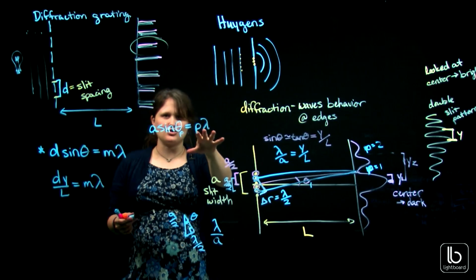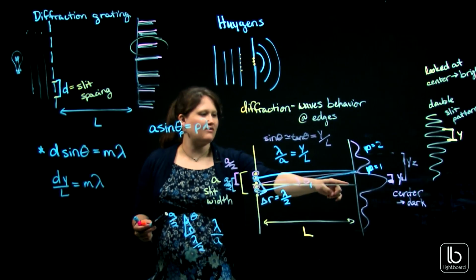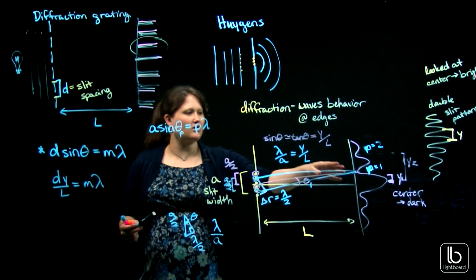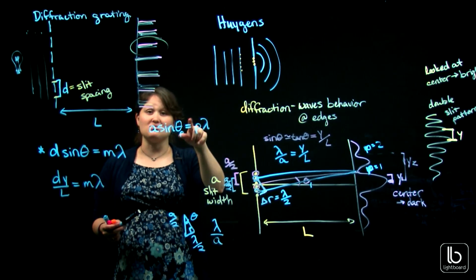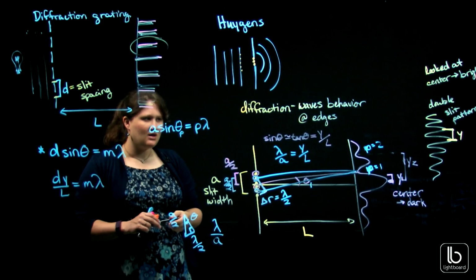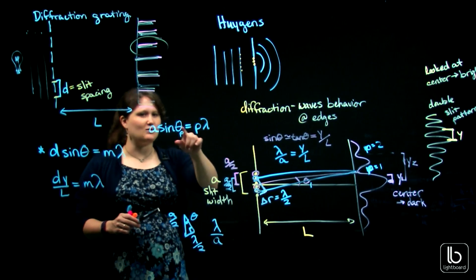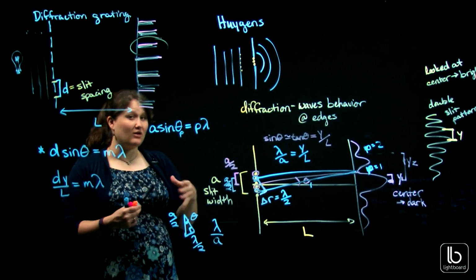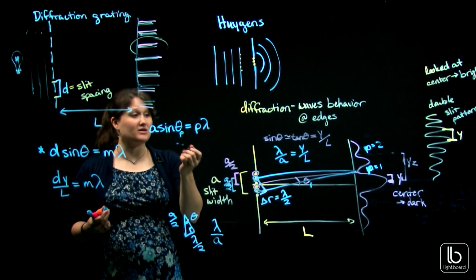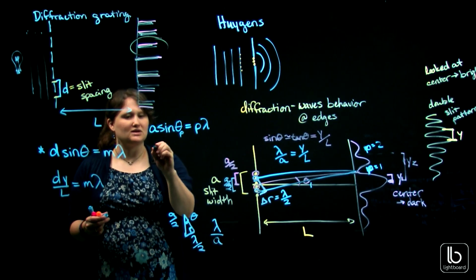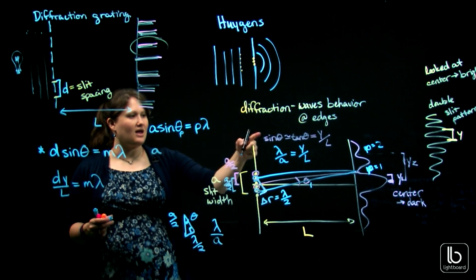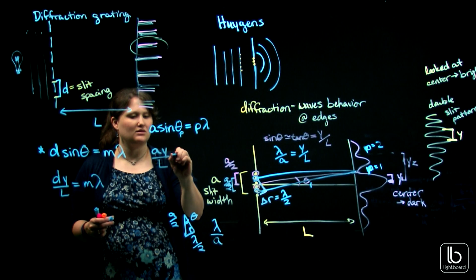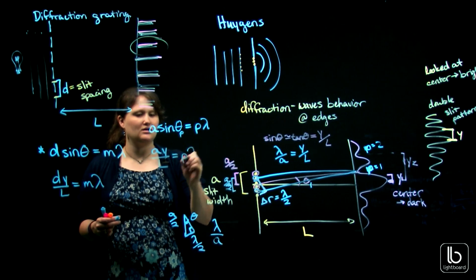Again, this is just a counter term. So if I want to know where my first dark spot is, P just equals 1 here. If I want to know where my second dark spot is, I plug in 2 for P. And again, we just said that sine theta is equal to y over L if we use the small angle approximation. So we can also say that A y over L equals P times lambda.